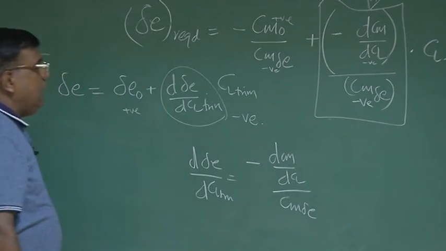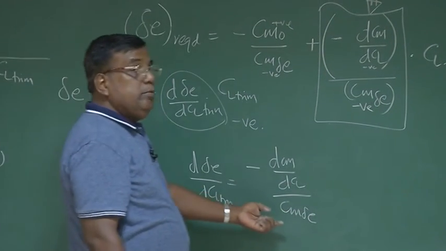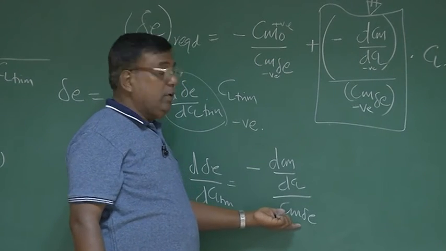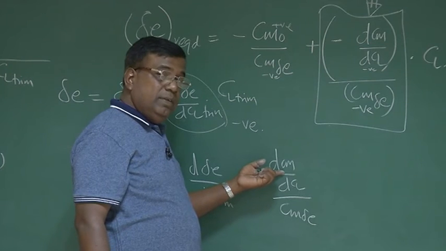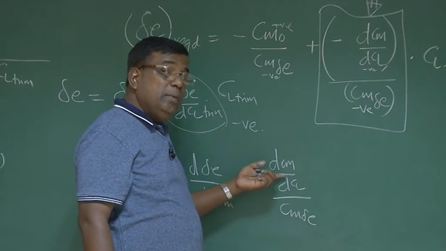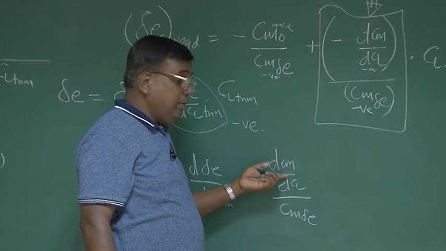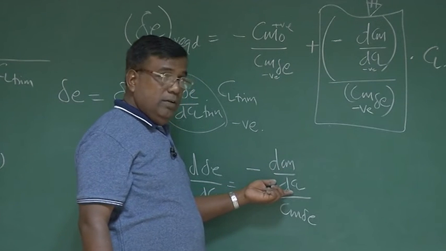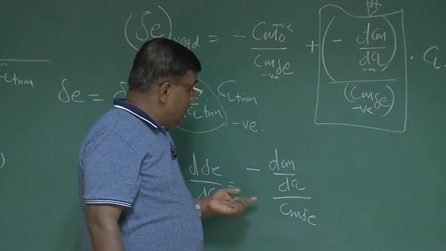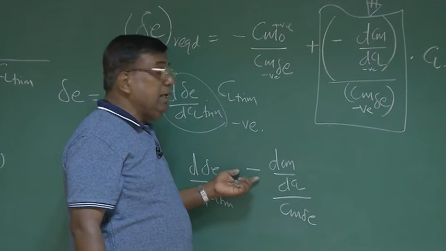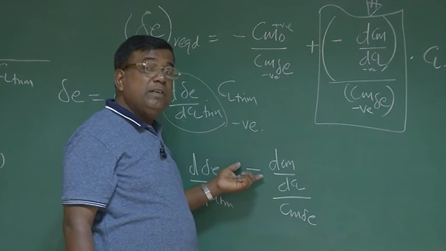If I assume Cm delta E to be constant, that it doesn't change with CG location, then as CG is going aft, towards the neutral point for a statically stable airplane, the dCm by dCL value will become less negative. So the d delta E by dCL trim also will become less negative as far as slope is concerned.